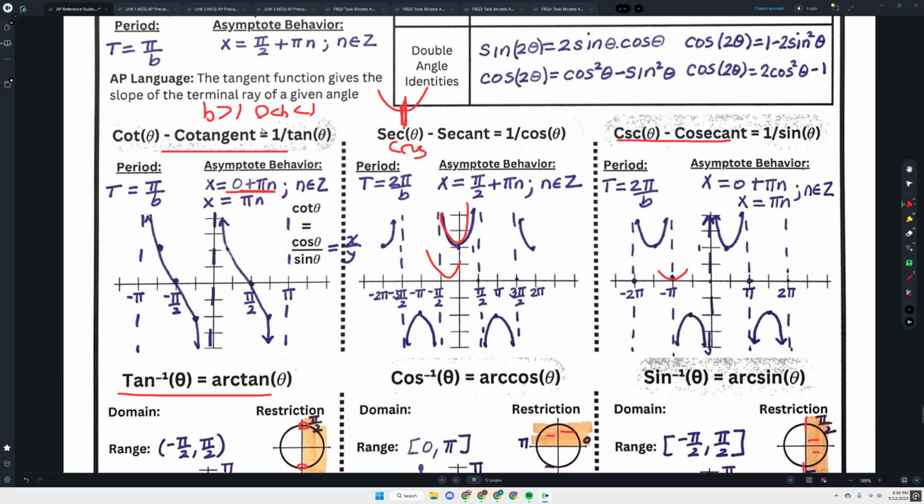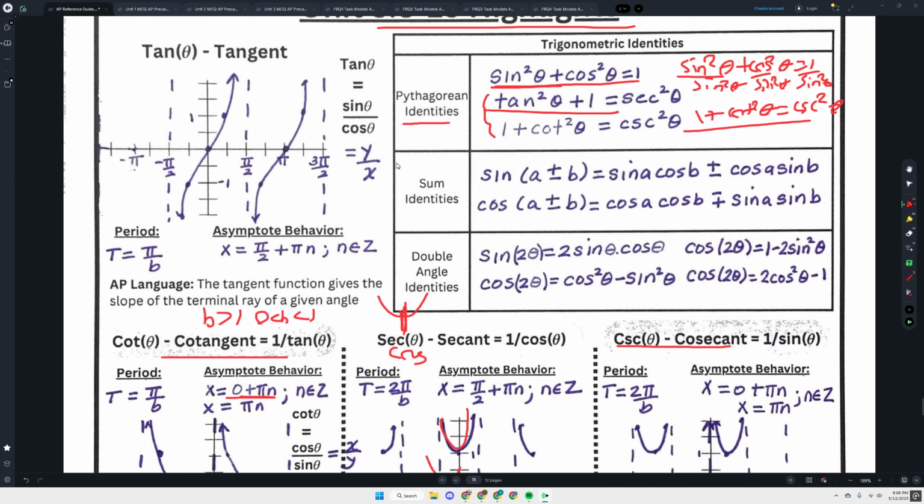Can you show me how to get the other double angle for cosine the same way you showed for the trig identity? Sure. So, sum identities. Your double angle identities can be found using the sum identities. So let's derive sine 2 theta. Sine 2 theta is the same thing as sine 2x for this example.